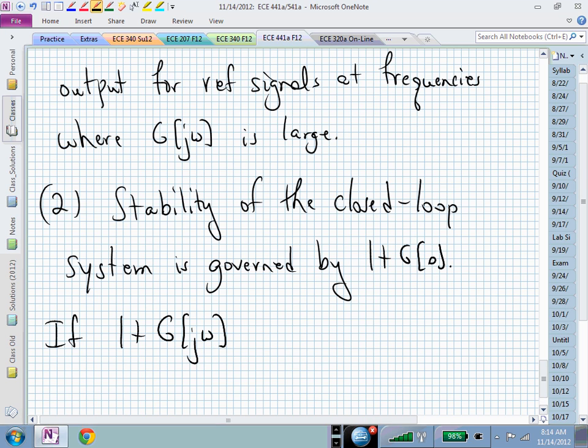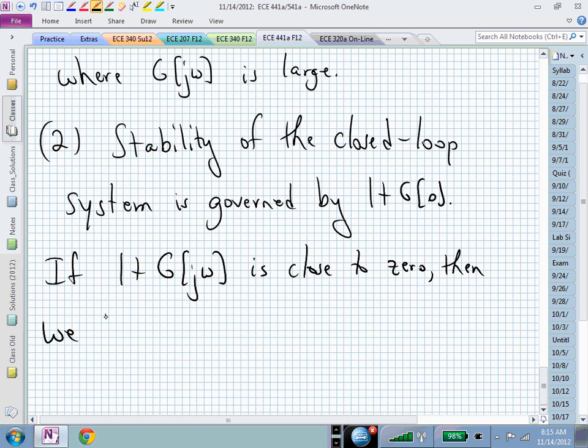If that 1 plus G of j omega is close to 0, then we know we're near this instability, or this stability boundary.